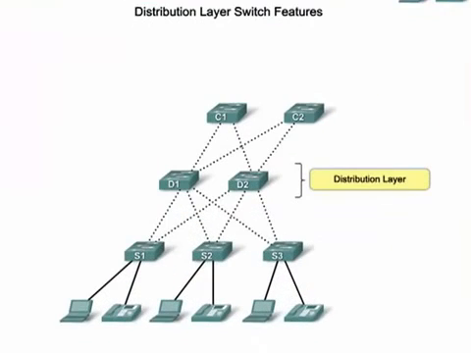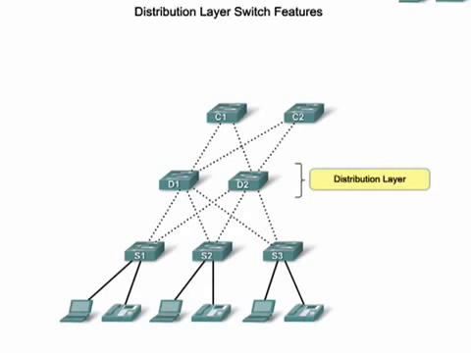When choosing distribution layer switches, fast forwarding rates become increasingly important because those switches aggregate traffic from multiple access layer switches. Because distribution layer switches aggregate traffic, port density is not as important at the distribution layer as it is at the access layer. Layer 3 switching and link aggregation capability should also be considered at the distribution layer.